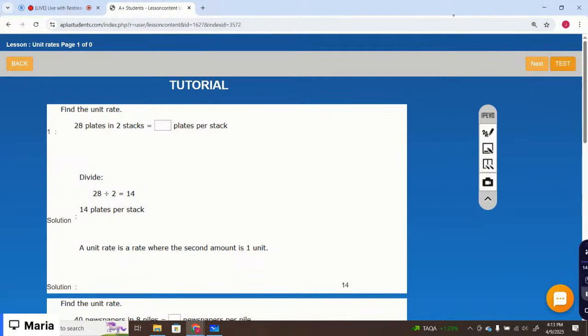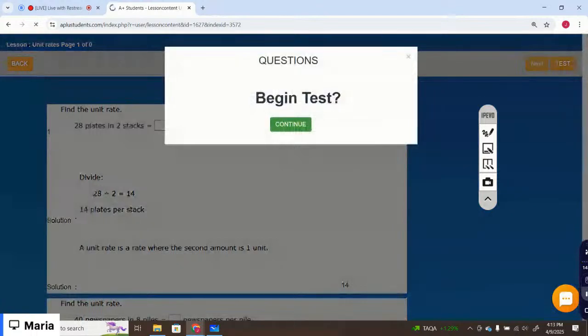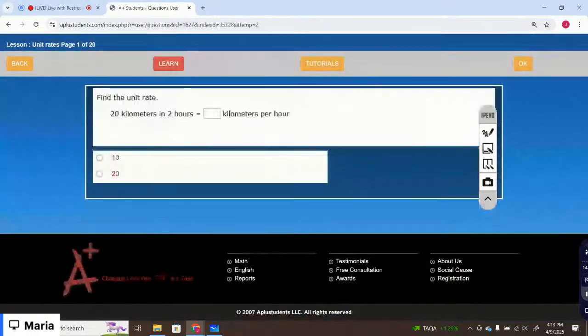Let's start with the test questions. 20 kilometers in 2 hours. So which is the correct option?